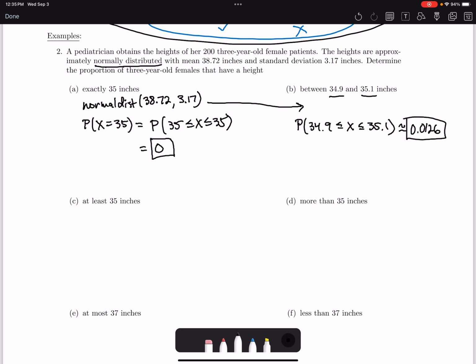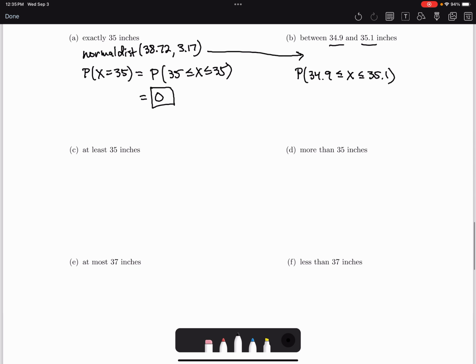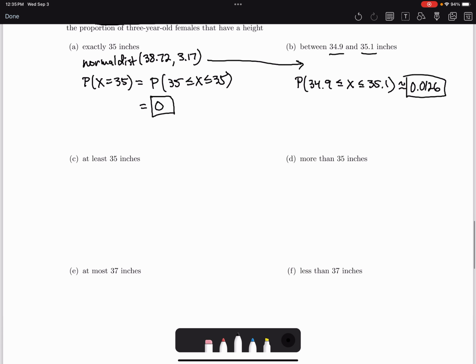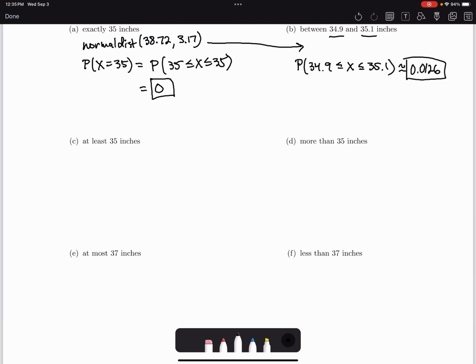Let's look at the next set of examples, right? Parts C and D. In part C, we want the probability that the 3-year-old female patient is at least 35 inches. So again, I'm using the same normal distribution as before, but we want the probability that her height is at least 35. So that would mean 35 inches or more, okay?